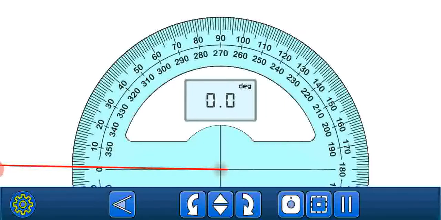Look here. Now both lines coincide. Now there is no angle, that is 0 angle. This is a basic thing we have to understand.